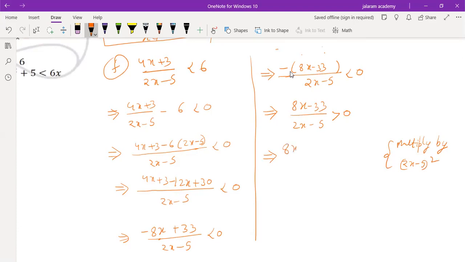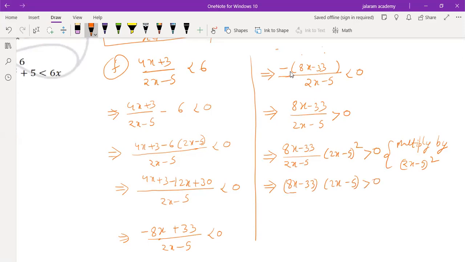So what is the result then? 8x minus 33 upon 2x minus 5 into 2x minus 5 whole square. So what will be the next line? 8x minus 33 into 2x minus 5 is greater than 0. Okay.